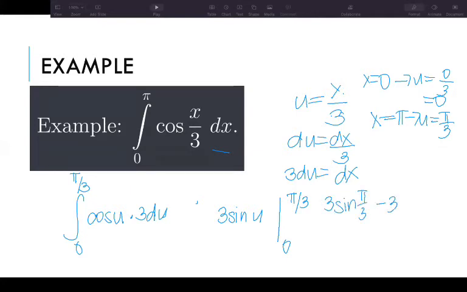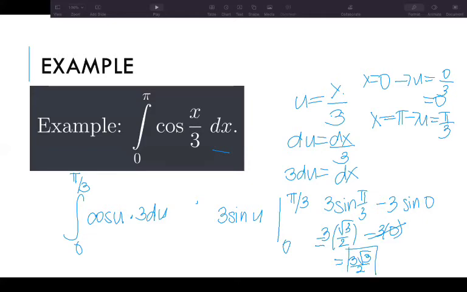Then at u equals 0, we have 3 sine 0. Pi over 3 is 60 degrees, so we have 3 multiplied by square root of 3 over 2 minus 3 times 0. So this is 0. We have 3 square root of 3 over 2 as our integral.